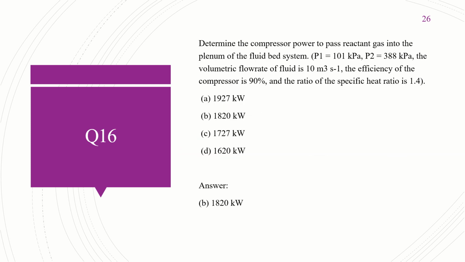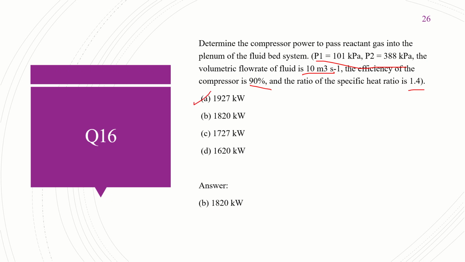We'll go to question 16. Determine the compressor power to pass the reactant gas into the plenum of the fluid bed system. P1 is 101 kilopascal, P2 is 388 kilopascal, volumetric flow rate of fluid is 10 meter cube per second, efficiency of the compressor is 90%, ratio of specific heat capacity is 1.4.